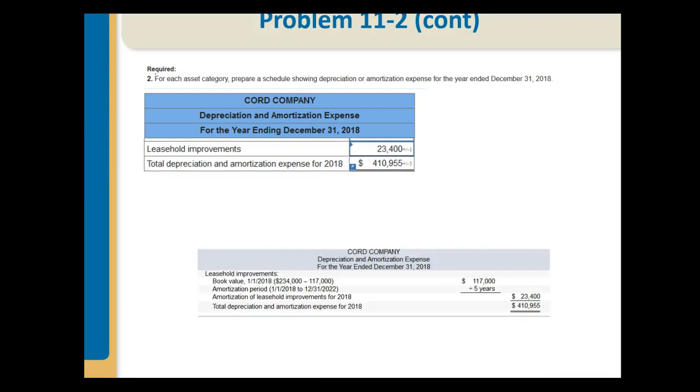Now, for the leasehold improvements, we're going to take the book value at the beginning of the year, 234, minus the 117 gives us 117,000. If we amortize it over 5 years, that gives us 23,400 each year.